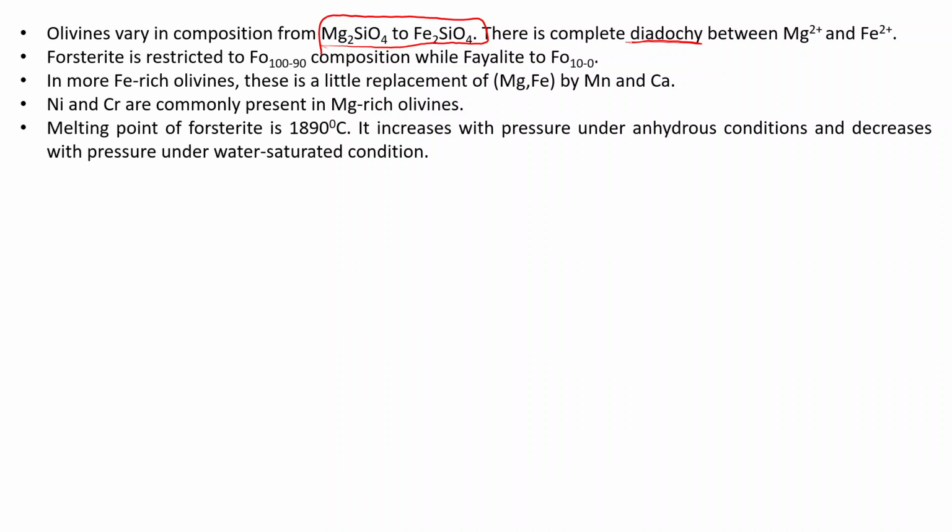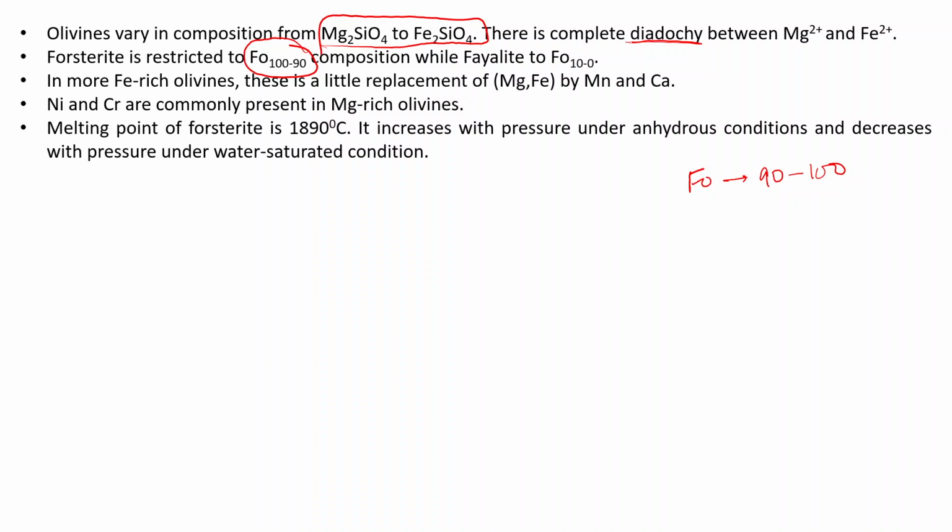Now, in general notation, olivines can be written as Fo 100 to 90, which means that olivines consist of forsterite 90 to 100%. What does this mean?